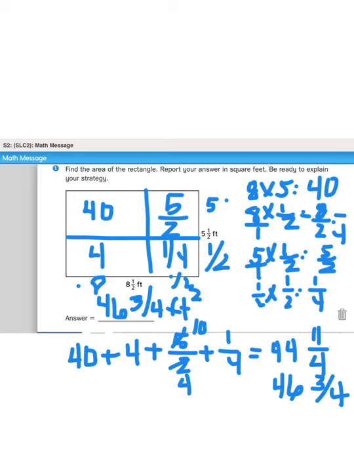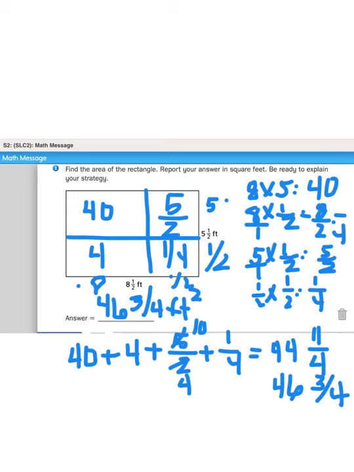We could have also done a more tedious process of converting the dimensions to inches, and we would have had 8.5 feet equals 102 inches, and 5.5 feet equals 66 inches. Then multiplied 102 times 66, which would have given us 6,732 square inches, and then convert that back to square feet, which would have given us 46 3/4.